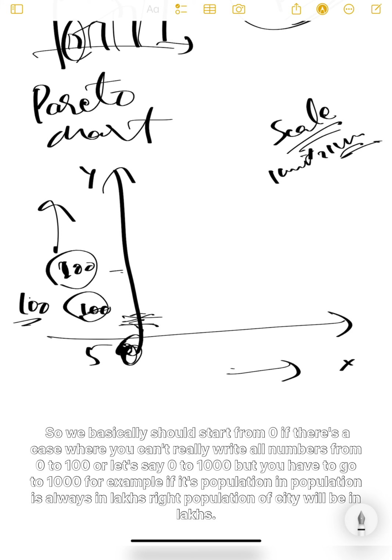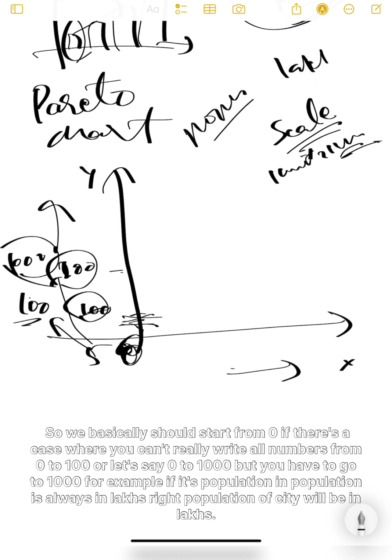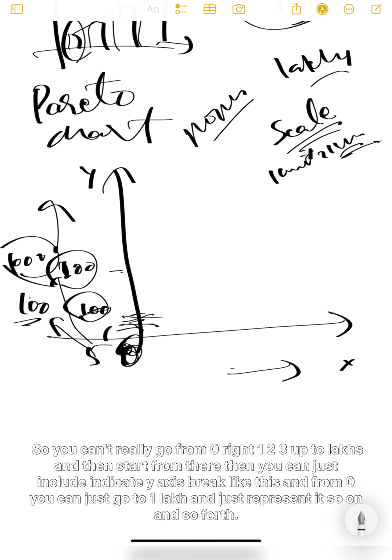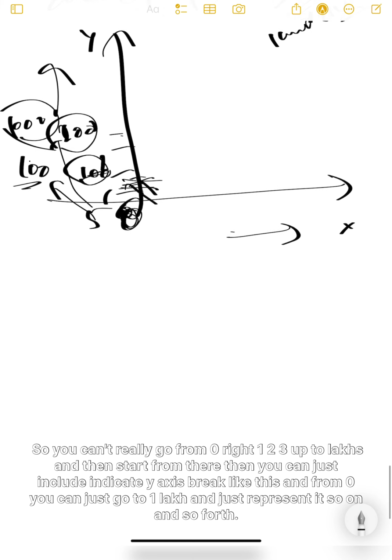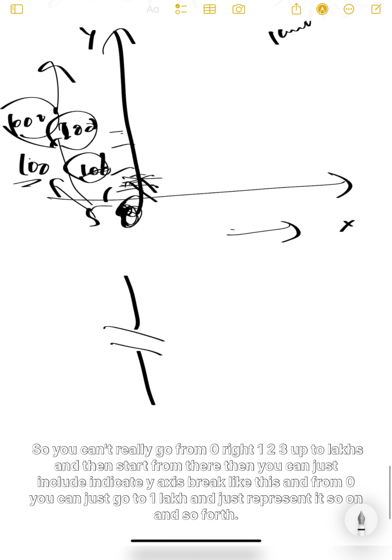If there's a case where you can't really write all numbers from 0 to 100, or let's say 0 to 1000, but you have to go to 1000, for example, if it's population, then population is always in lakhs, right? Population of a city will be in lakhs. Now you can't really go from 0, 1, 2, 3 up to lakhs and then start from there. Then you can just indicate a y-axis break like this, and from 0 you can just go to 1 lakh and represent it, so on and so forth.